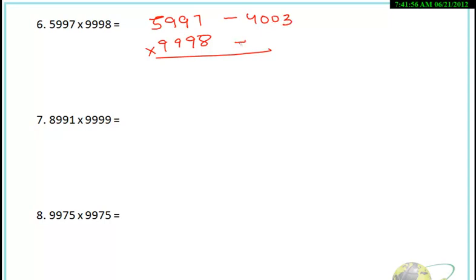And the difference of 9998 from 10,000 is 2, and we have to fill up 4 digits with this multiplication, and we are getting 8006. Okay, and now from this subtraction 5997 minus 2 will be 5995. You see a very big number, but you might have observed we have taken seconds in this calculation.